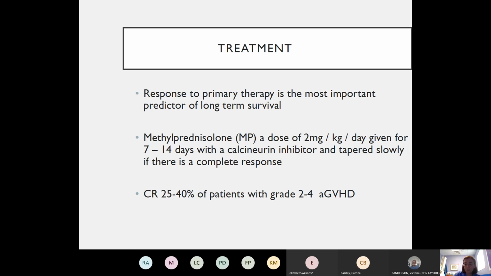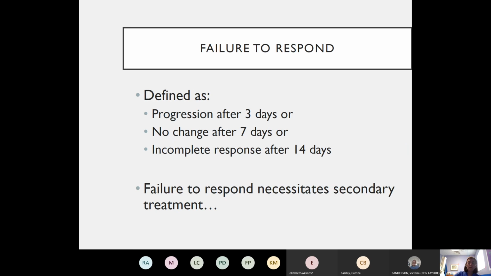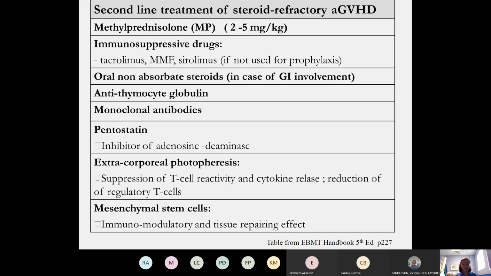So you need to be quite clear about that. Failure to respond is when your GVHD continues to progress after 3 days on 2 mg per kilogram of methylpred, or there's no change after 7 days, or there's an incomplete response after 14 days. And in those circumstances, you need to do something else.